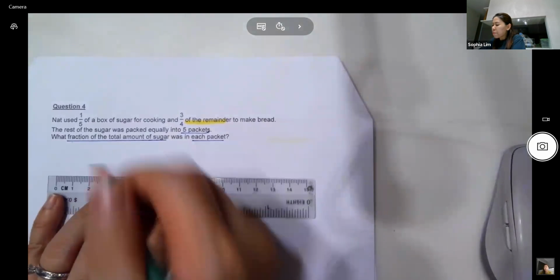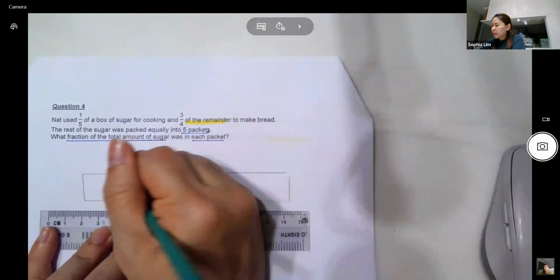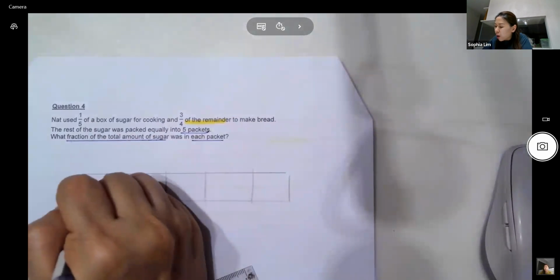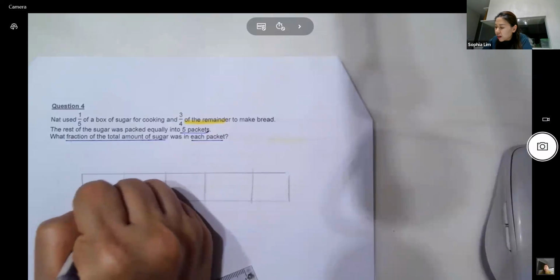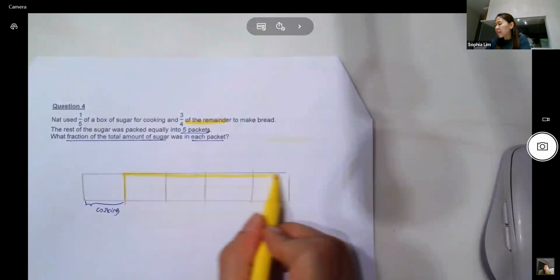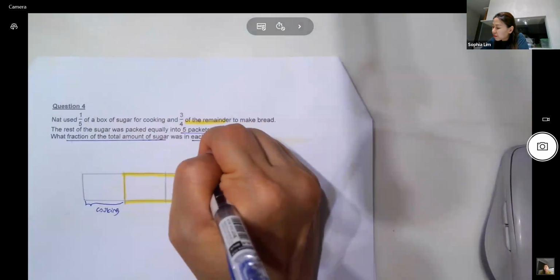So I'm going to draw a big bar to represent the 5 big units, and Net used 1 unit for cooking. And the rest are your remainder here. This is your remainder.